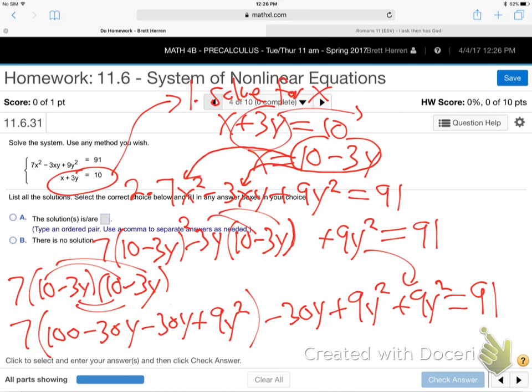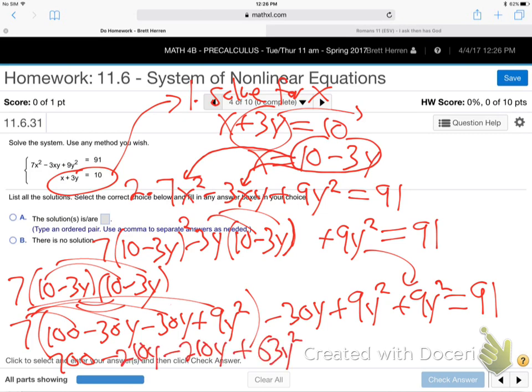All right, so now distribute. 700 minus 210y minus 210y plus 63y squared minus 30y plus 9y squared plus 9y squared is 91.